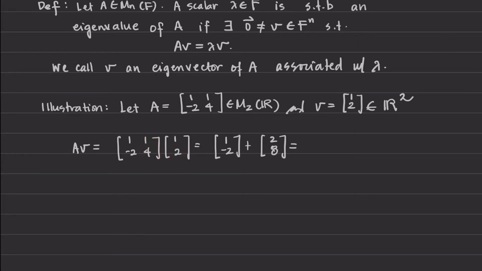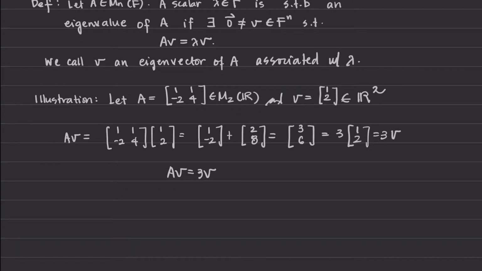So, ang makukuha natin ay 3, 6. Which is thrice ng factor natin yung 3, 1, 2. Or 3 times this column vector is your V. So, bale ganito siya. AV is equal to 3V. Okay? So, since V is non-zero, so, yung V na yan is an eigenvector of A associated with 3.